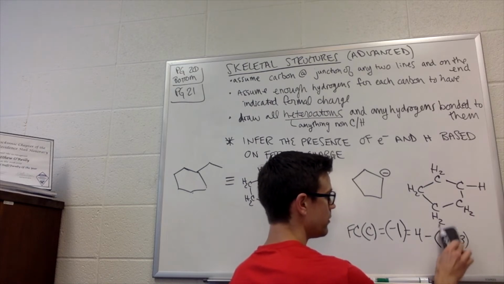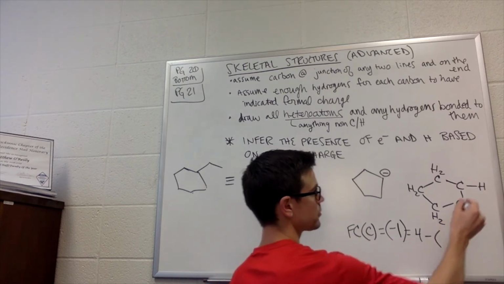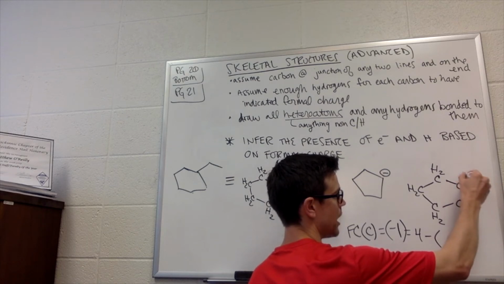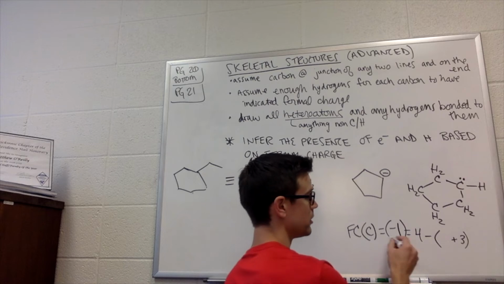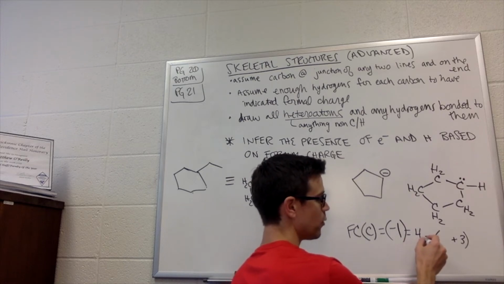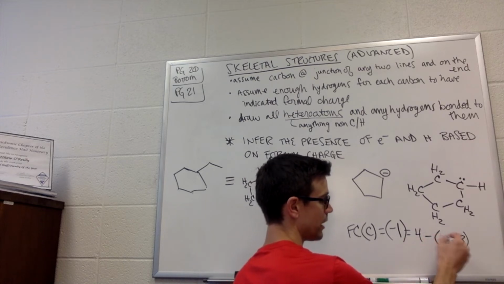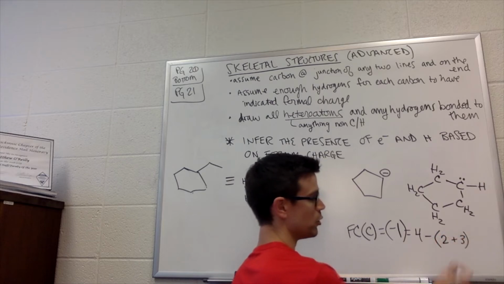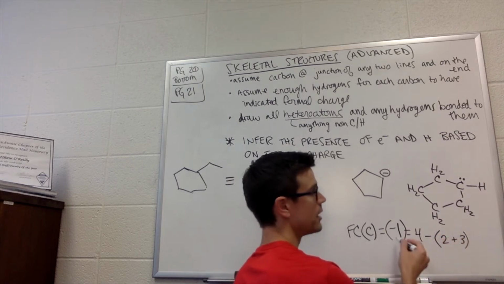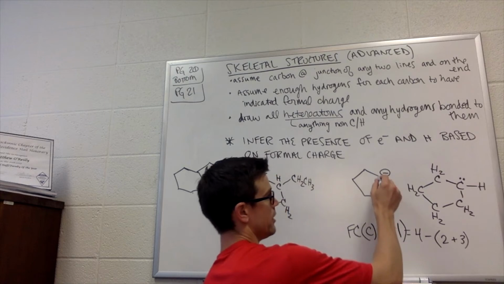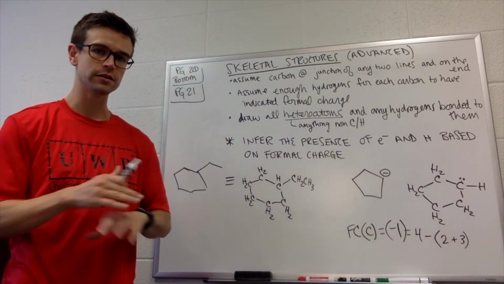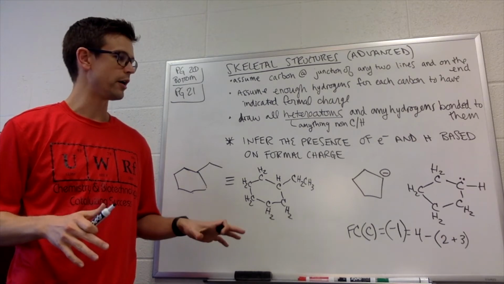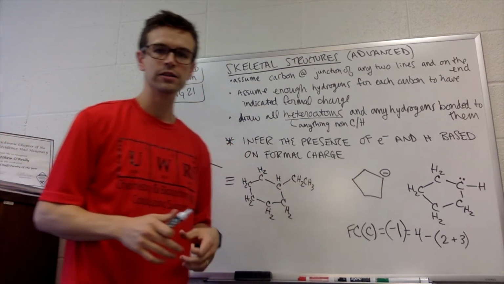Well, what if that carbon had that hydrogen, but it also had a lone pair? Well, in the formal charge calculation for -1, it would be 4 minus the lone pair electrons, so that'd be 2, plus 3. So 4 minus 5 does equal -1. So this structure was amazing in the sense that it took us no time to draw it, and we just put a little minus charge right there.